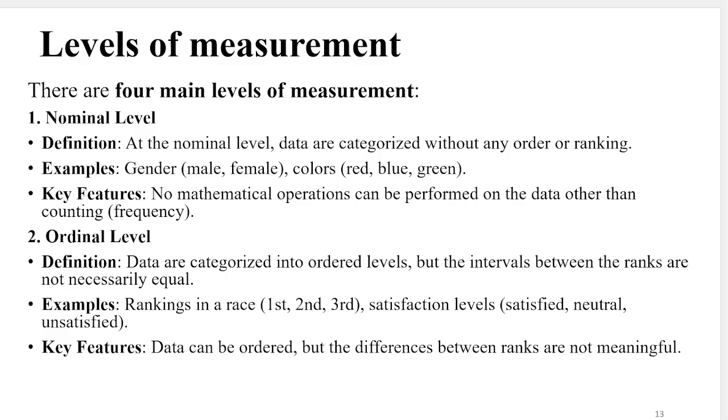For example, in a pain scale, mild, moderate, and severe, or in exam grades A, B, C, D, we know that A is better than B, but we do not know how much better. So ordinal data gives us order, but not exact measurement of distance between values.